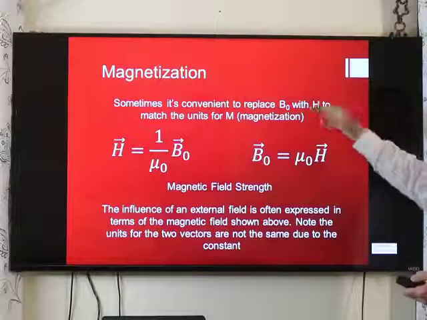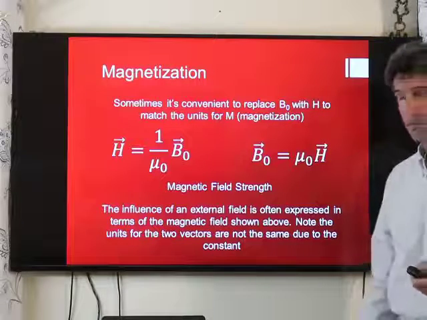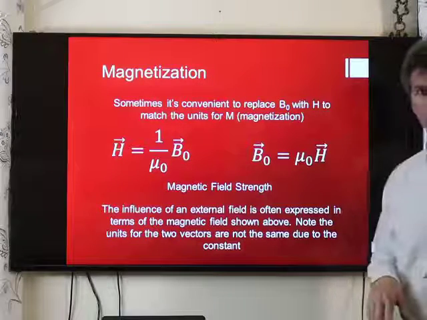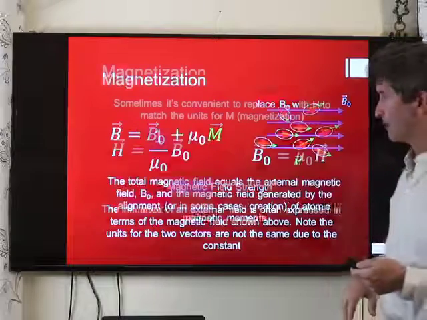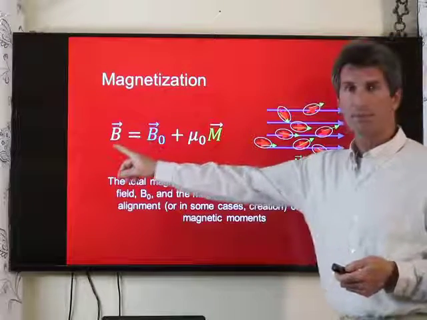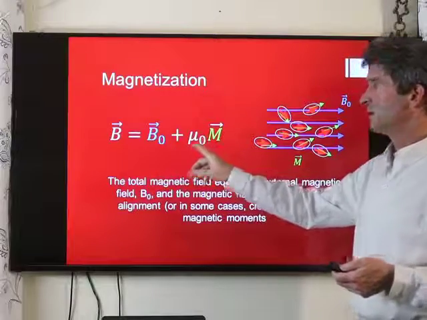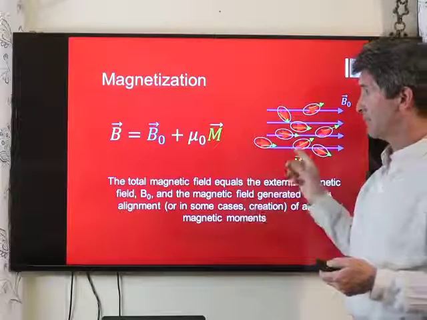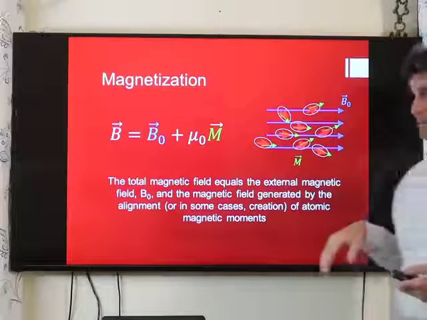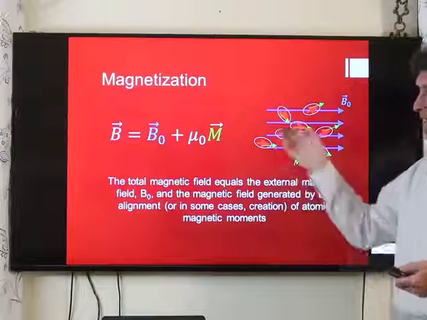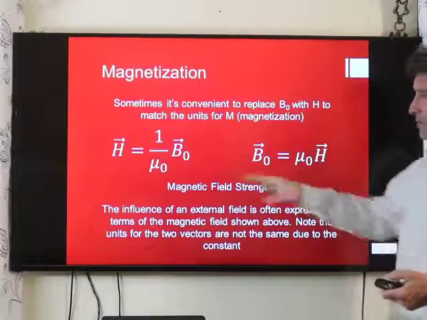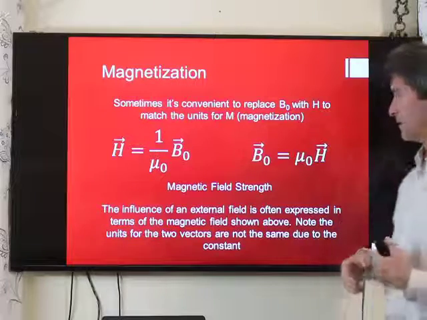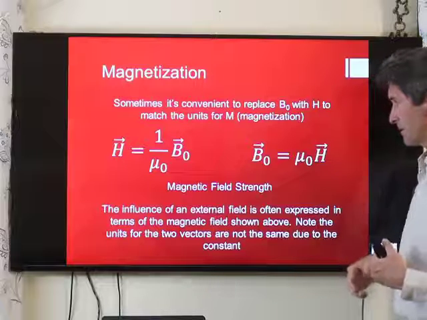Now sometimes it's convenient to replace B0 with H. This basically puts H on par with M in terms of units. Remember, this is measured in Tesla, and this is measured in Tesla, but these units would not be the same because you have this constant that has its own units. So sometimes, just to complicate things, instead of B, mu 0 and M, you'll also see this H. H is just to normalize the units so everything has the same units.